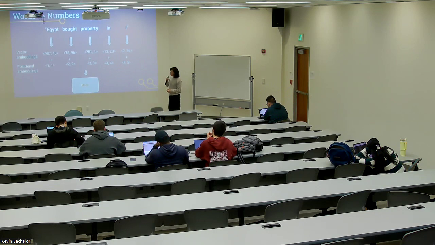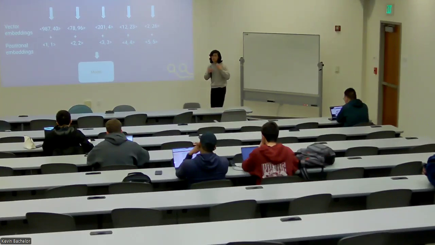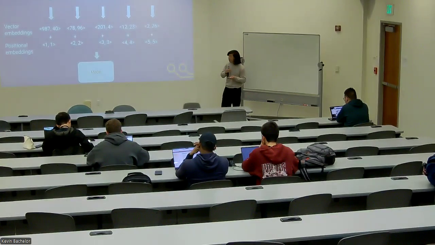So it's a distinct sentence compared to "I bought a property in Egypt." This is good because we achieved what we wanted, which is to differentiate two sentences that have the same words but different meanings. What's better is that we can feed all of these numbers into a model, and the model can actually do operations on it and thereby predict more text off of it, which is what we wanted.